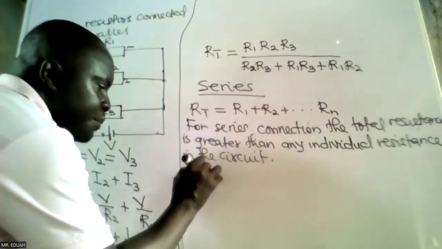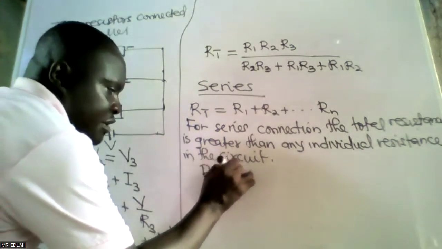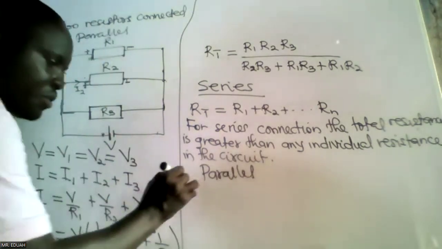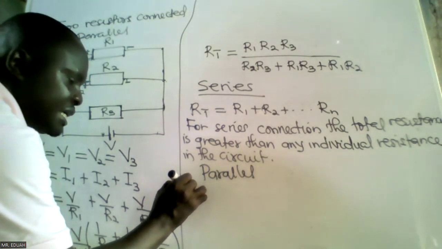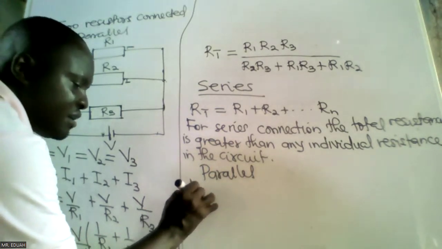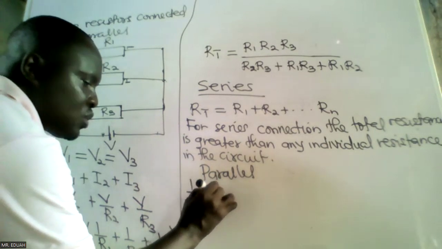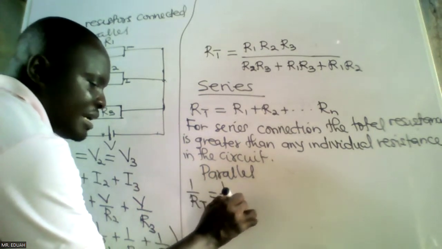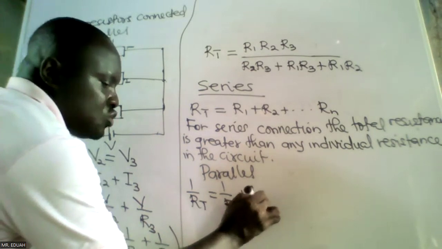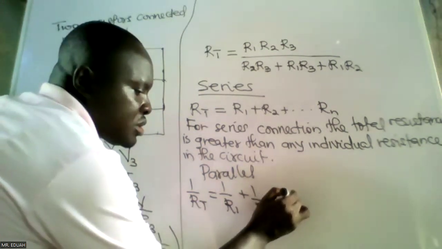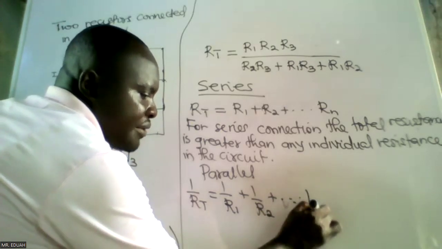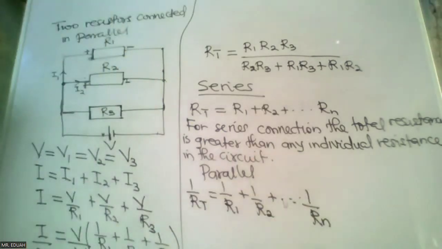For parallel connection, we saw that 1 over RT is equal to 1 over R1 plus 1 over R2 plus 1 over ... 1 over Rn, the nth resistance.